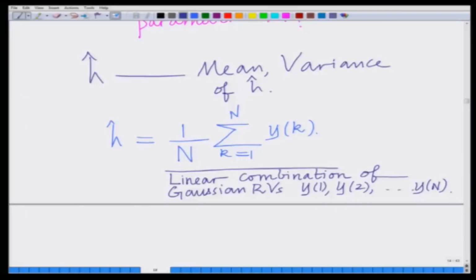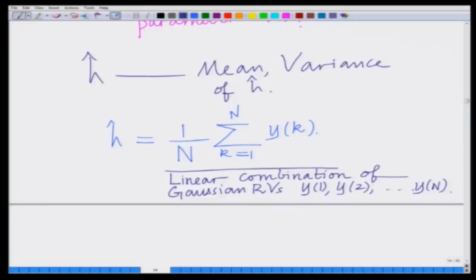You are shifting that by the constant mean h, therefore each yk is also Gaussian in nature. And further, h hat, the sample mean, is a linear combination of these observations y1, y2 up to yn. Since h hat is a linear combination of Gaussian random variables, h hat itself is Gaussian in nature, because a linear combination of Gaussian random variables is Gaussian itself.